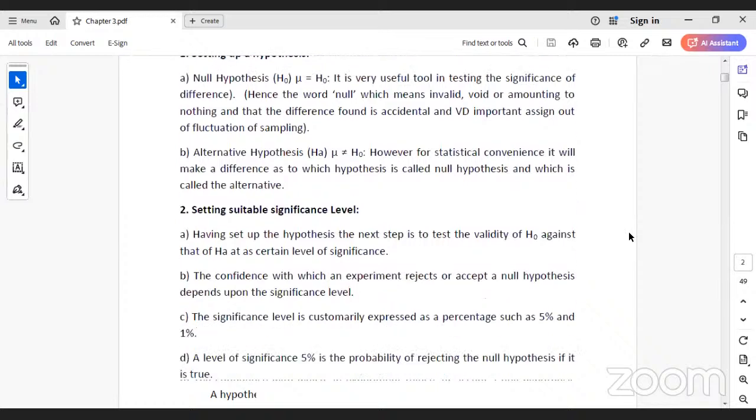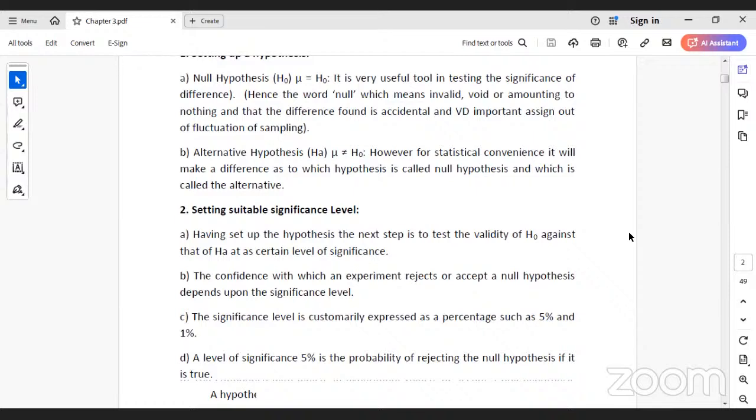That is the null hypothesis. Then the alternate hypothesis, HA: mu is not equal to mu naught. However, for statistical convenience, it will make a difference as to which hypothesis is called the null hypothesis and which is called the alternative hypothesis.